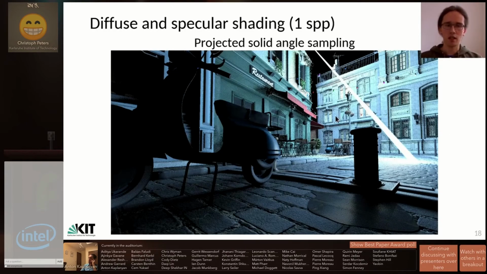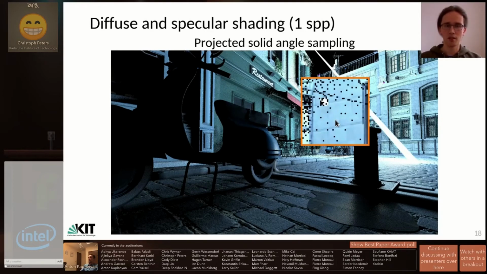However, we have our high order method that converges cubically, and this gives us a fast projected solid angle sampling strategy. And as long as we look at diffuse surfaces, this is working great. We get a bit of noise for the penumbras, but other than that, we have practically 0 variance.